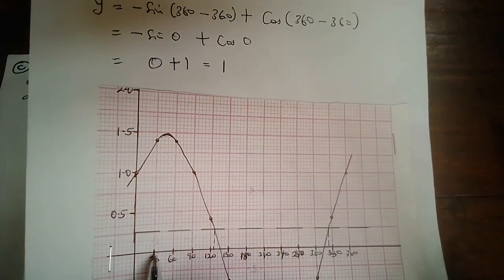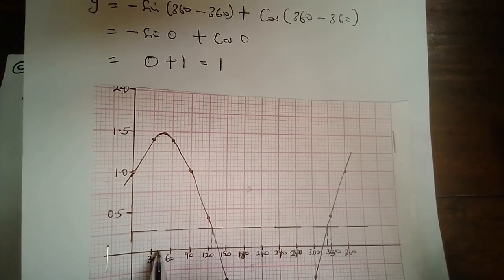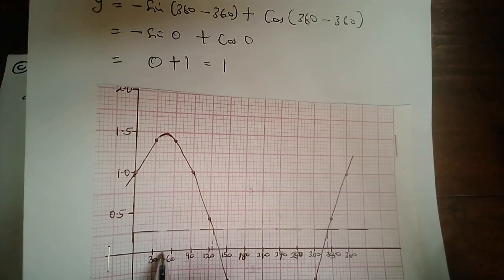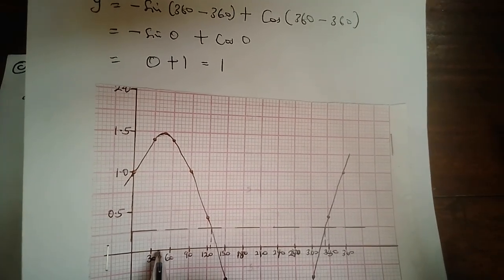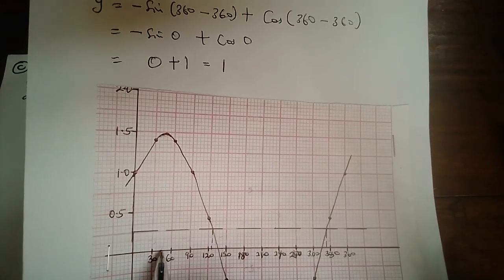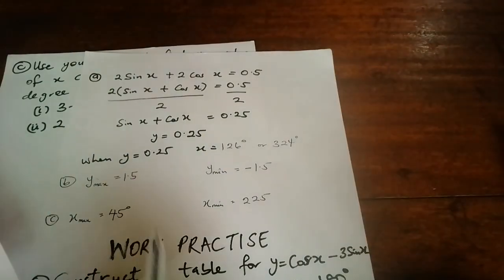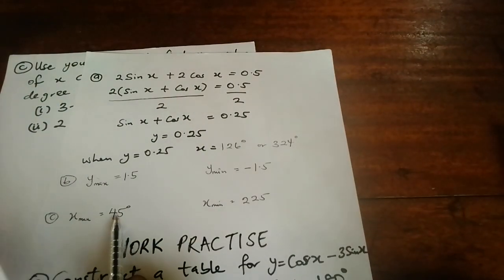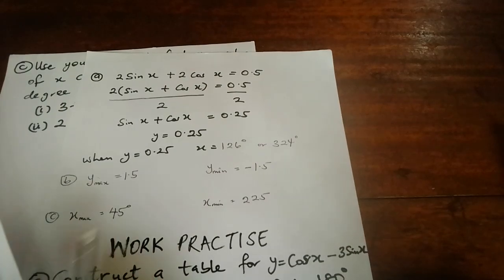So we said each of the lines is 6 degrees. So 6 plus 6 is 12. Then the middle you have 3, making 15. 15 plus this 30 will give us 45 degrees. So when y is 1.5, x will be 45 degrees.